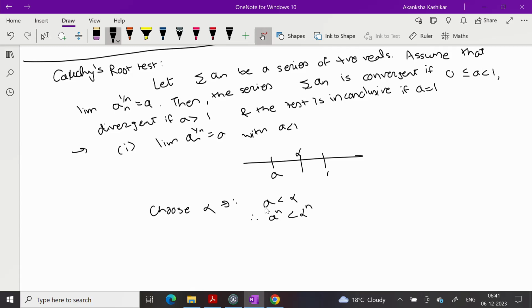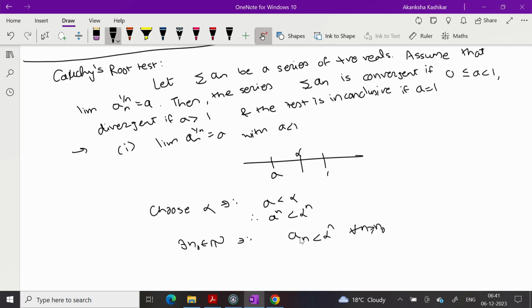So in the limit means there exists n naught such that a_n is less than alpha raised to n for every n greater than or equal to n naught.